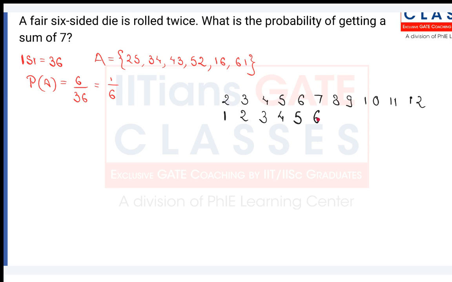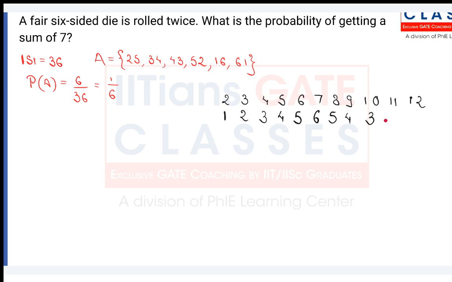Now when it comes to 8, it is 2, 6, 6, 2, 3, 5, 5, 3, 4, 4. So it is 5 outcomes. For 9, it is 3, 6, 6, 3, 4, 5, 5, 4. There are 4 outcomes. For 10, it is 4, 6, 6, 4, 5, 5. There are 3 outcomes. For 11, it is 5, 6, 6, 5, 2 outcomes.